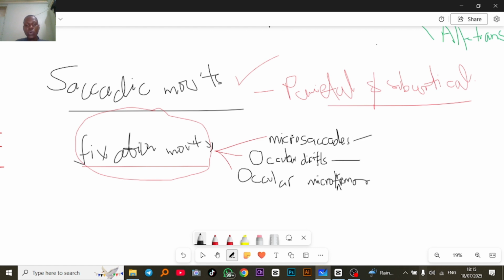Then the drifts are the slow movements that occur, and the microtremors are just high frequency oscillations, if I may call them. So these are all part of the fixation movements. But why do we have them? It's primarily to prevent the neuroadaptation. So with that said, I believe we have a clear understanding of the difference between the saccadic and the fixation movements.